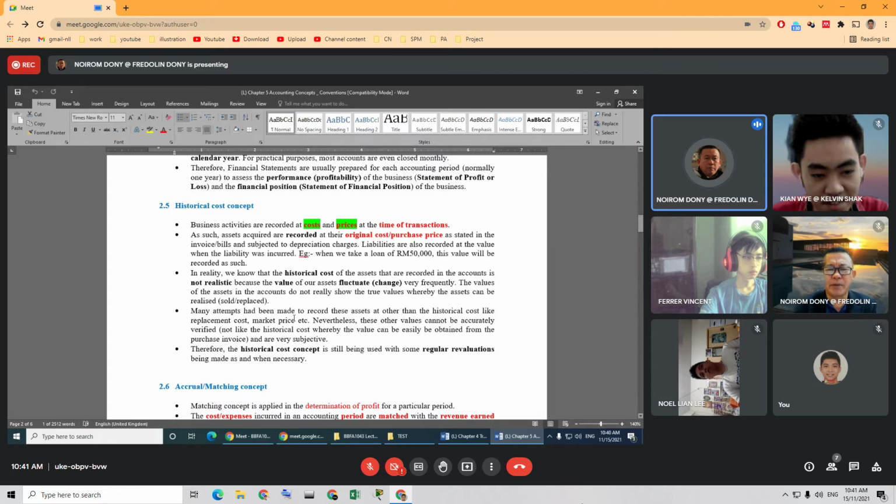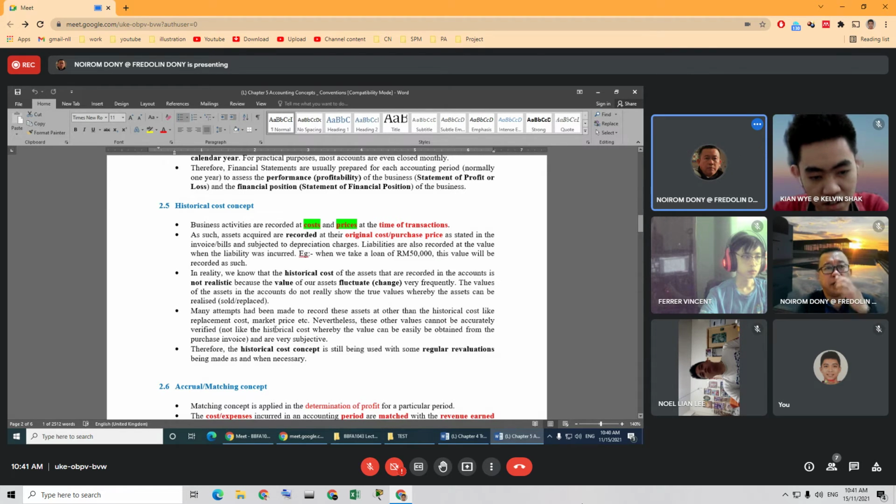Many attempts have been made to record this asset at something other than historical cost, like replacement cost or market price. Nevertheless, these other values cannot be accurately verified.